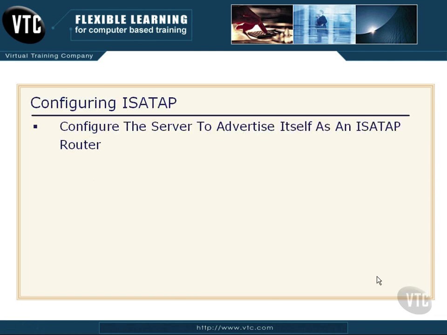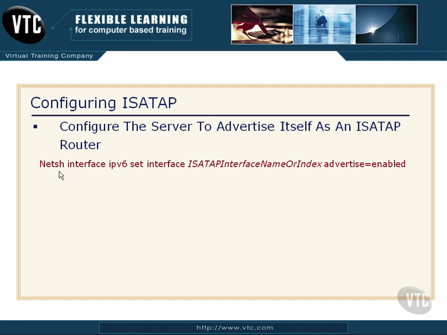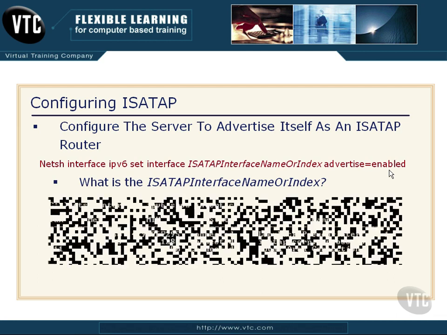Now, first step, we need to configure our server to advertise itself as an ISATAP router. And here's the command that you would use to do that. Notice, netsh interface IPv6 set interface, and then you input the ISATAP interface name or index. Then you set advertise equal to enabled. Well, you may be asking, what exactly is an ISATAP interface name or index?